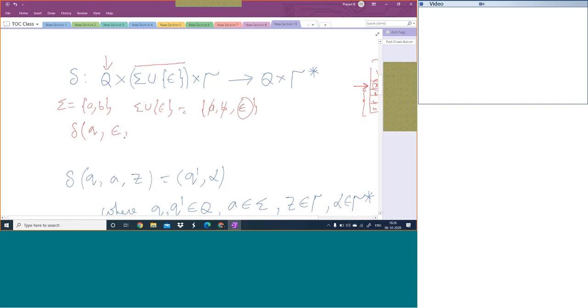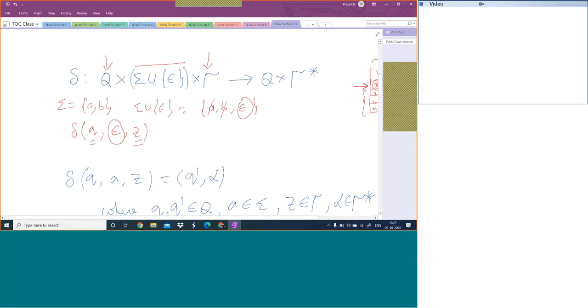And what is this? It is a stack symbol. This means it can make a transition by taking the state and top symbol and epsilon. It means the PDA can make a transition without taking the input symbol.